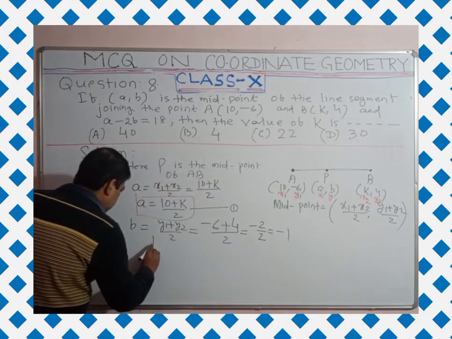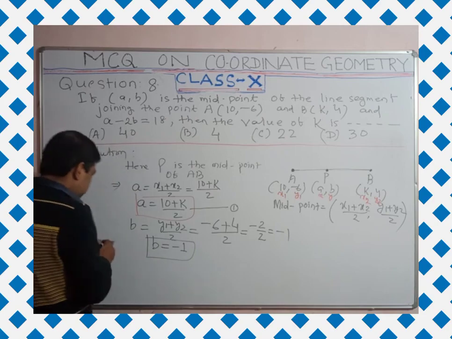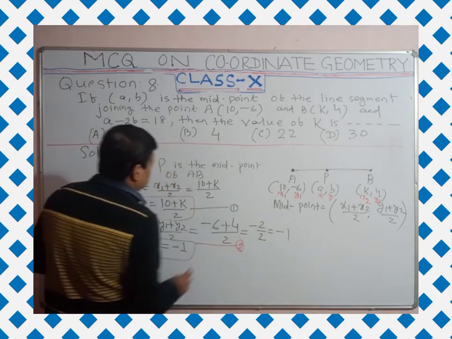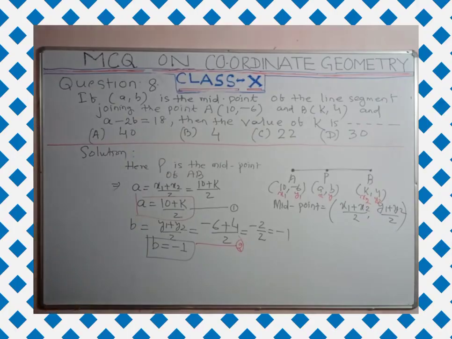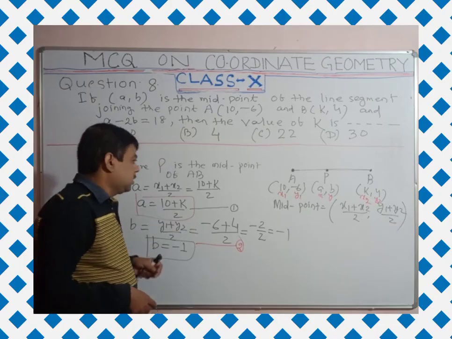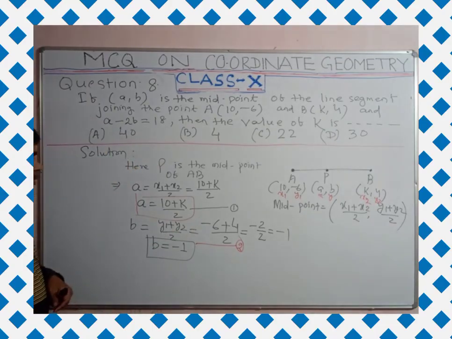So b is equal to minus 1. This is the b value we got. Is it clear, all of you? So the a value is 10 plus k upon 2 and the b value is minus 1.